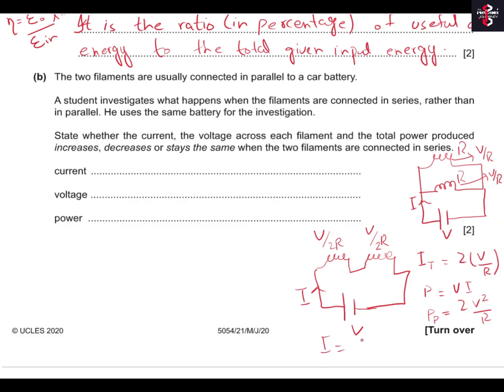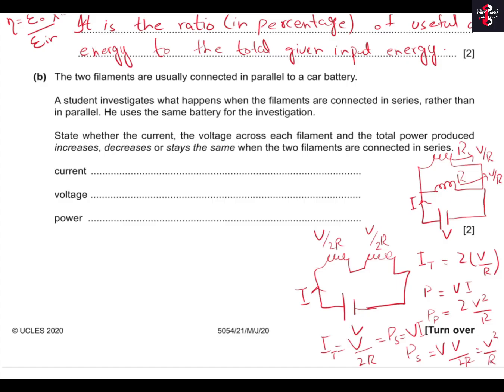Total resistance is 2R equal to V, so the total current I equals V by 2R. Again power in series is VI, so Ps equals V times V by 2R, which is V squared by 2R.